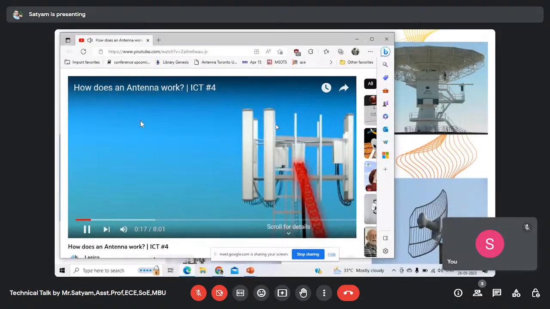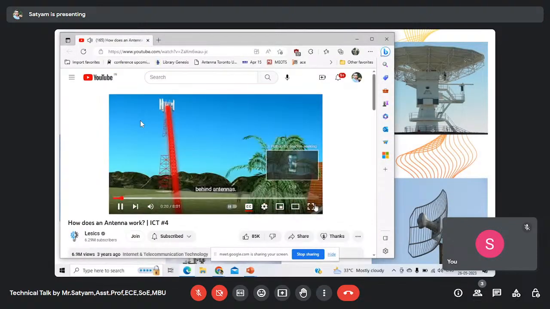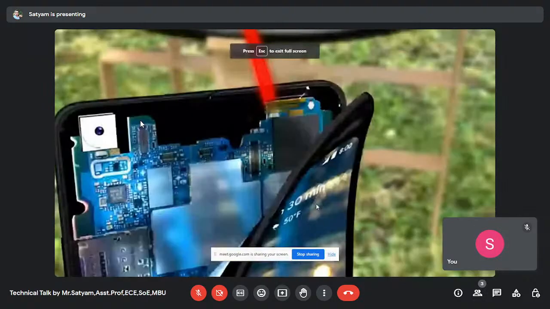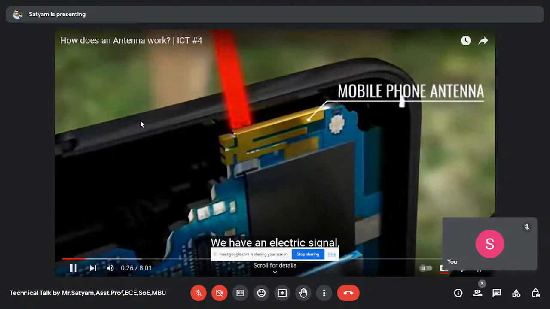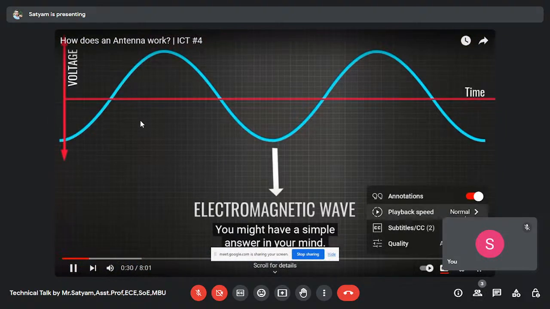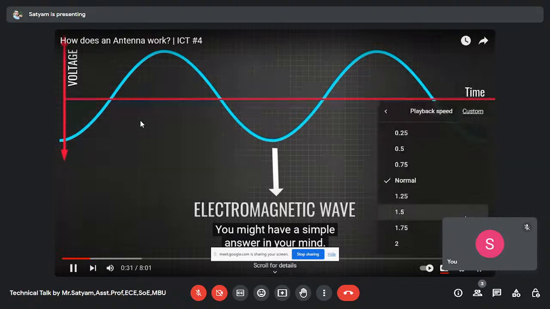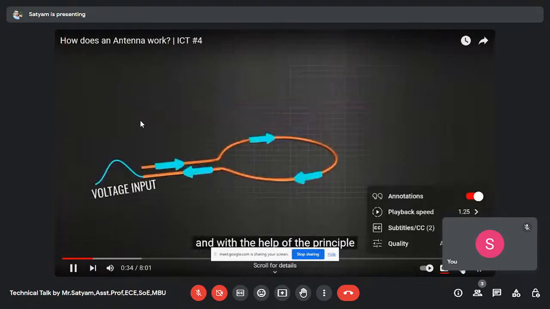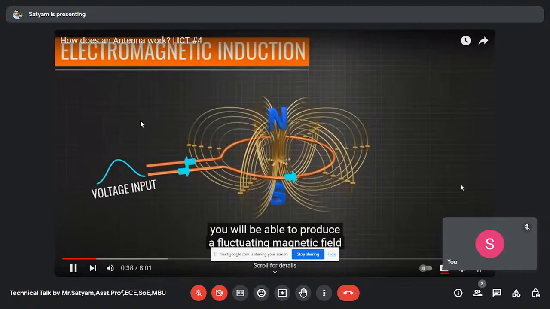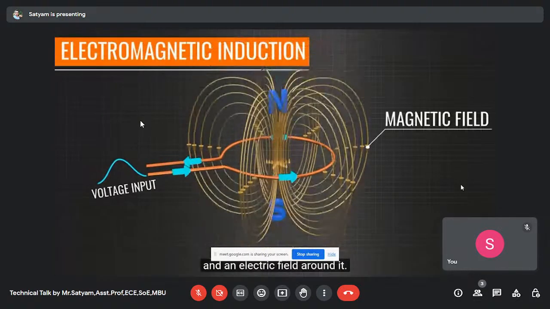In this video, we are going to look at the science behind antennas. We have an electric signal, so how do we convert it to an electromagnetic wave? You might have a simple answer in your mind. That is, to use a closed conductor, and with the help of the principle of electromagnetic induction, you will be able to produce a fluctuating magnetic field and an electric field around it.